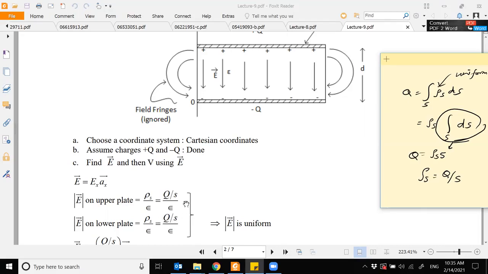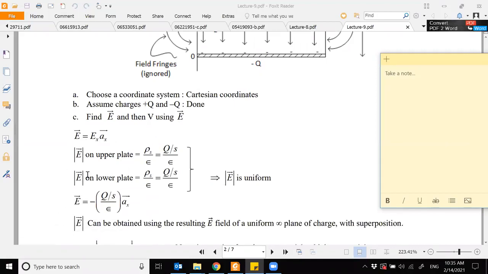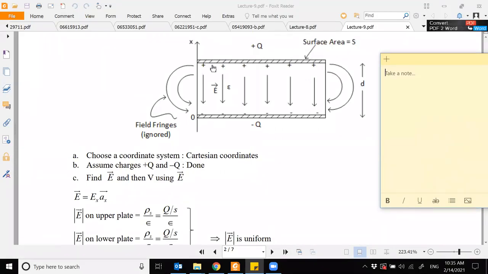Now, once I got the magnitude from our previous experience on the infinite sheets, can I write it in vector form? Yes, my electric field is Ex times Ax. So the electric field will be the magnitude, which is Q over S over epsilon, times which Ax?